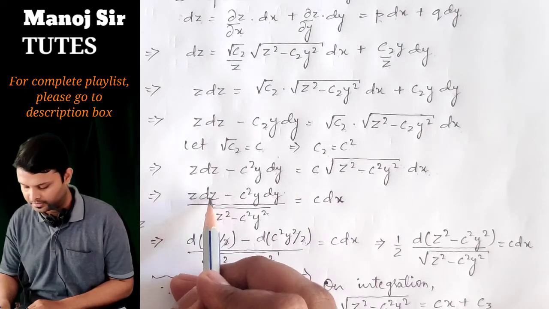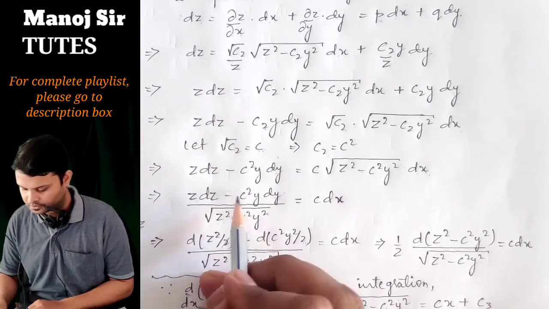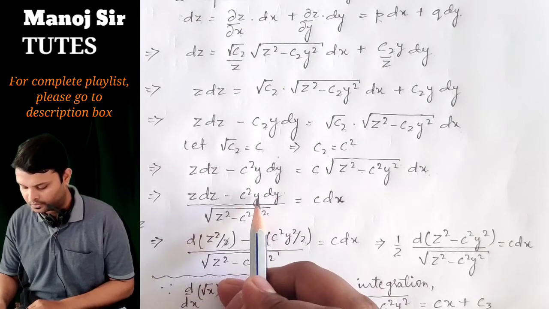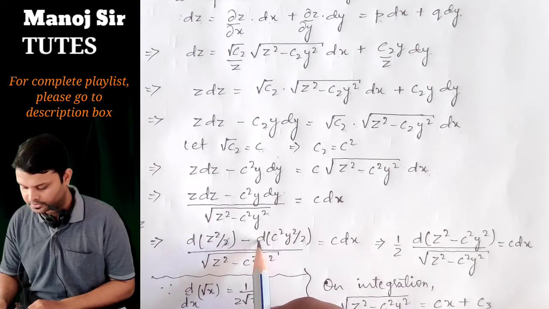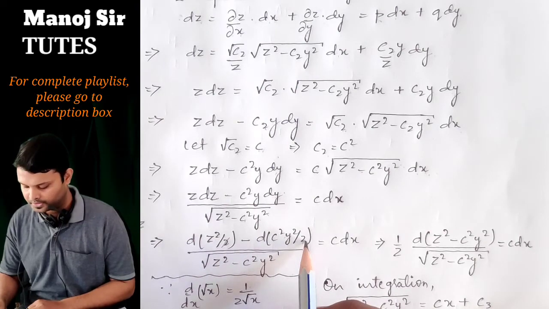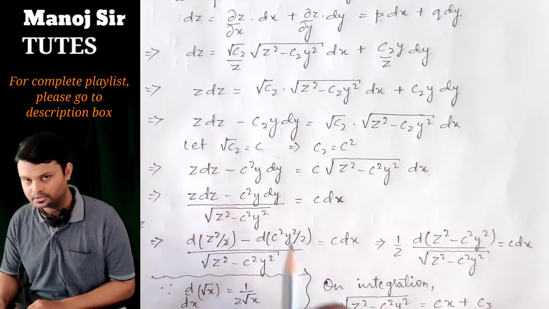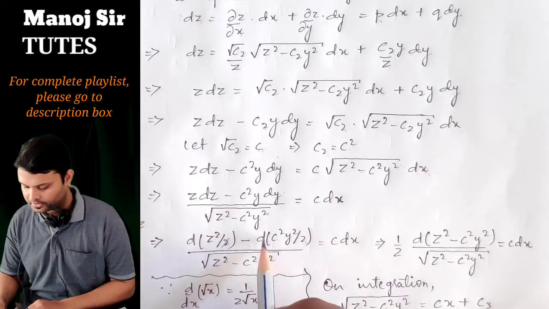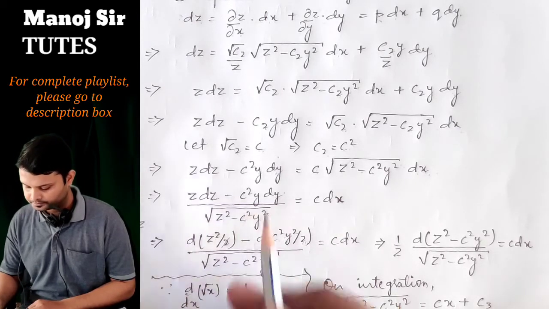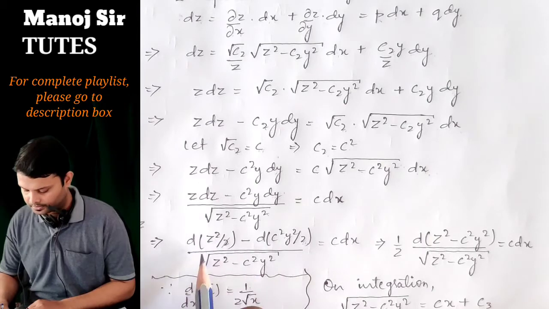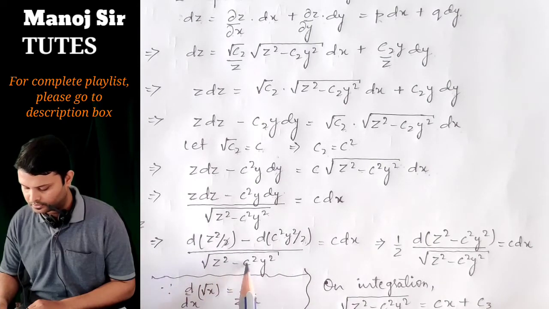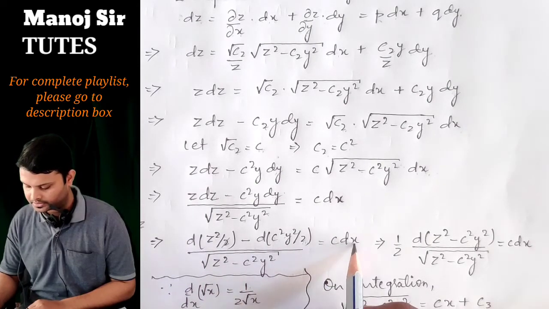Similarly here we have c square; in place of y dy we can write differentiation of y square upon 2. Since c square is a constant, we can keep it with this. So again on solving we'll get this part, and the rest is the same: root of z square minus c square y square equal to c into dx.